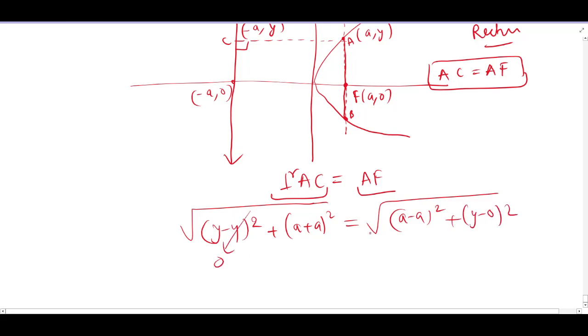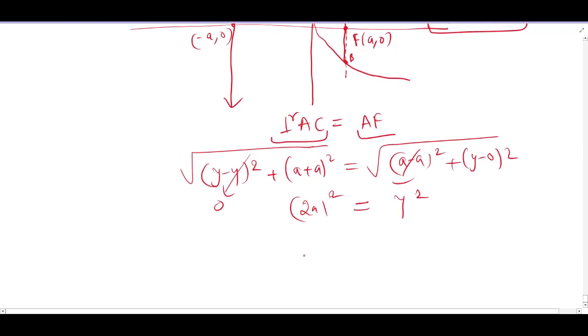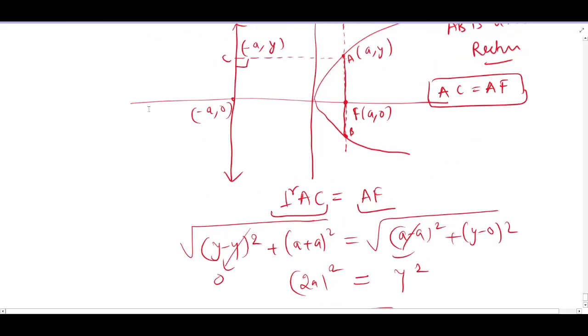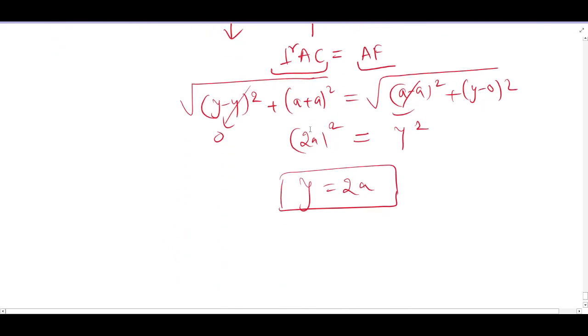So this will cancel out, this will cancel out. So we have 2a whole square is equal to y square. So y is equal to 2a. But latus rectum is equal to AB, which is equal to AF, which is equal to 2a.